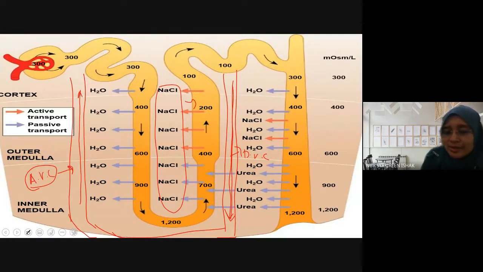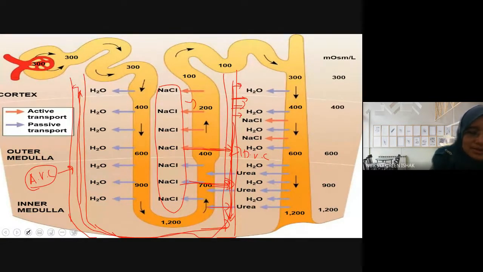Sodium chloride yang keluar daripada filtrate ni, kalau nak mudah nampak dia sebenarnya dia masuk juga dalam vasa recta ni kan. Dia keluar daripada filtrate, masuk interstitial fluid, masuk ke dalam vasa recta, descending vasa recta. So darah daripada descending vasa recta ni akan kehilangan air. So bila dia naik balik ke ascending blood vessels, so dia akan regain baliklah air yang dia lost tadi. Faham tak?